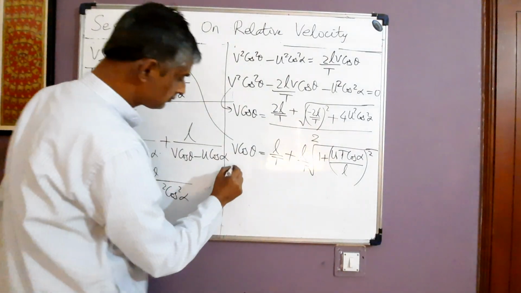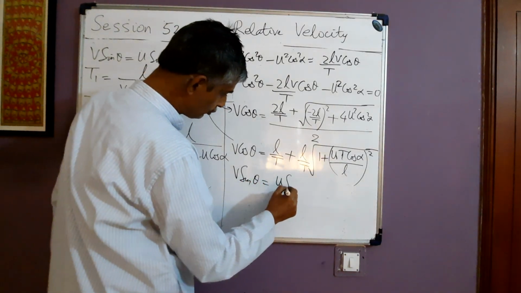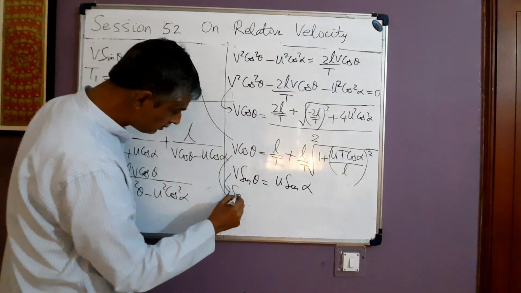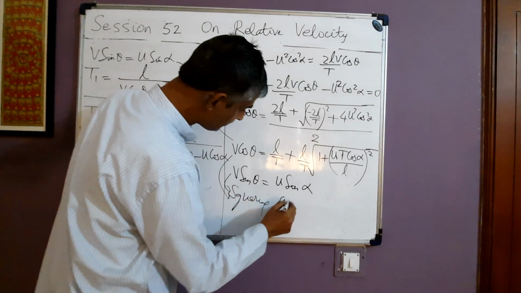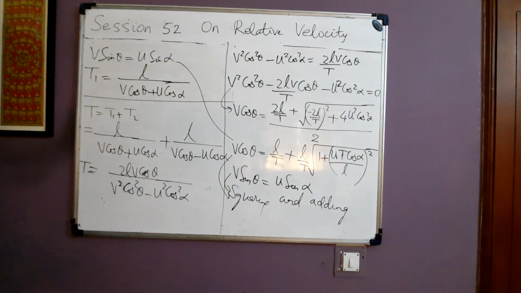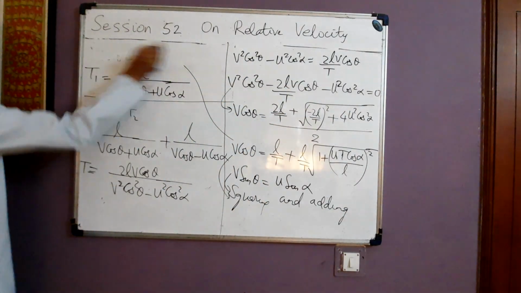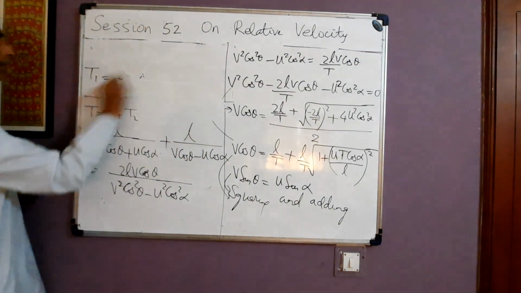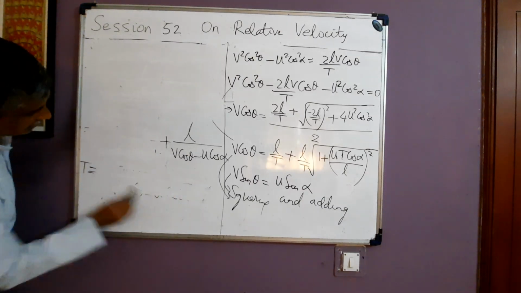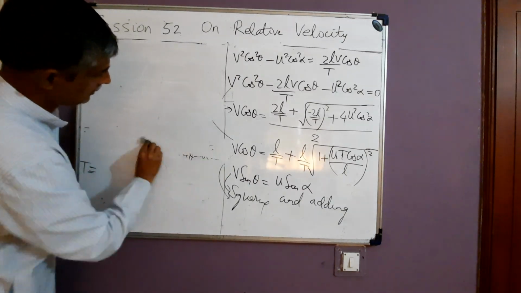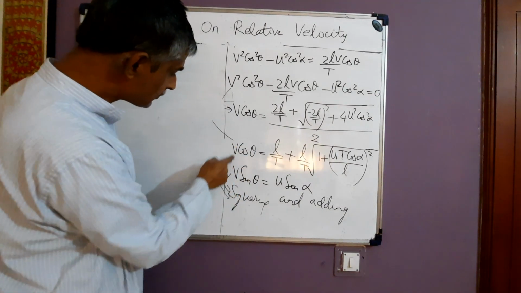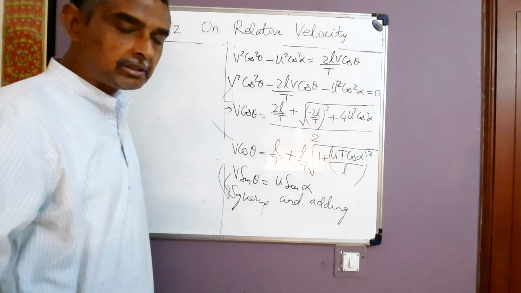And V sin theta is also known: V sin theta is equal to U sin alpha. It is given. So if you square and add, V square cos square theta plus V square sin square theta, V square common, cos square theta plus sin square theta is 1.